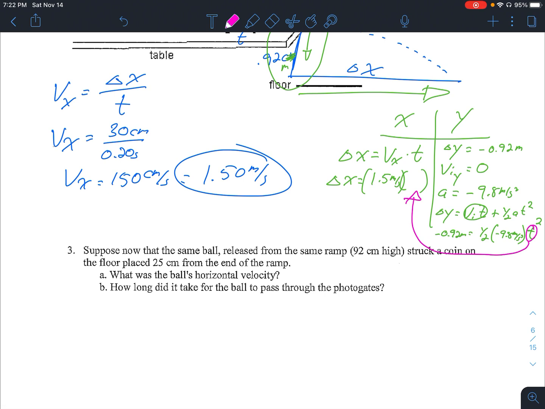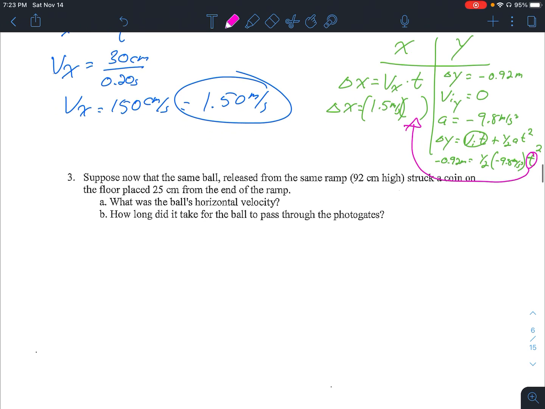Number 3, we're looking at the same ball released from the same ramp. And we know where the ball is going to land. So now we're working backwards to figure out how fast the ball was going. So this is the opposite of what we did.